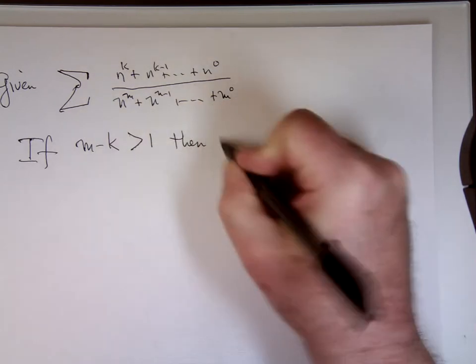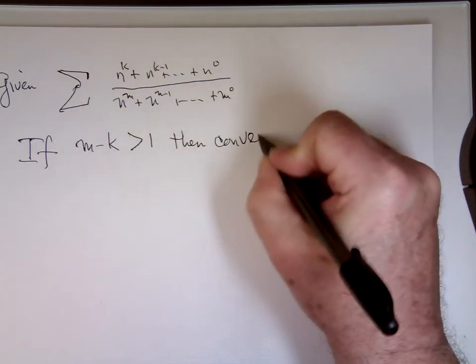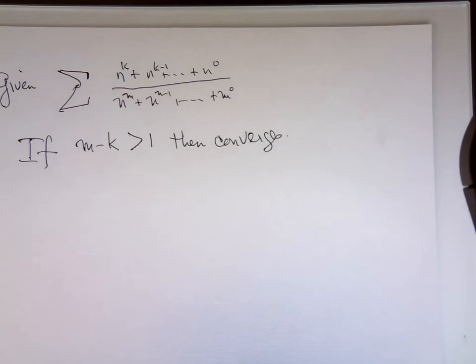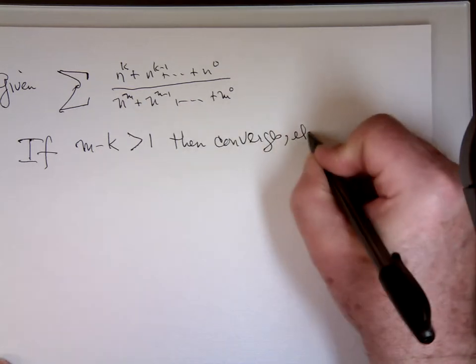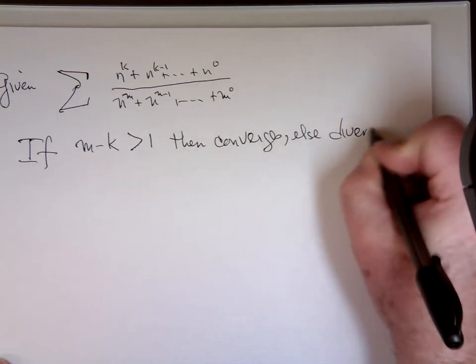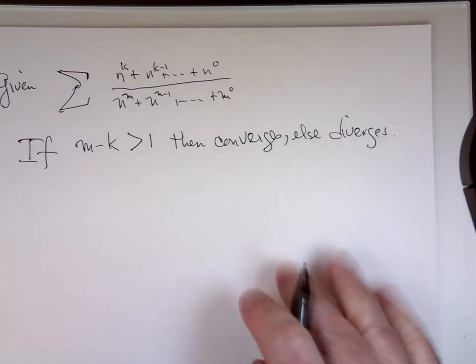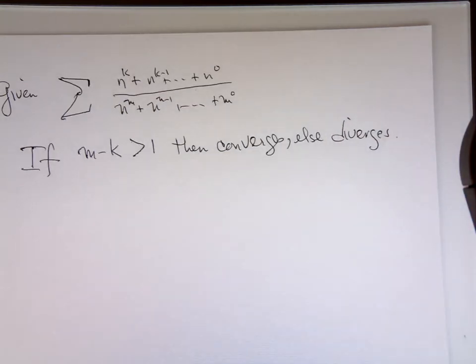Otherwise, it diverges. That's all you have to do, look at the difference in degrees, numerator and denominator. If that m minus k is greater than 1, it's going to converge.